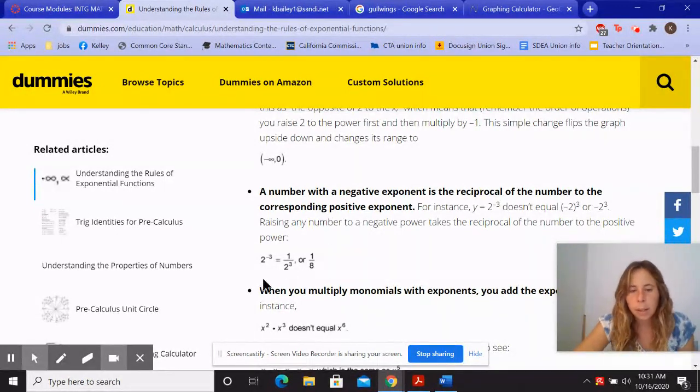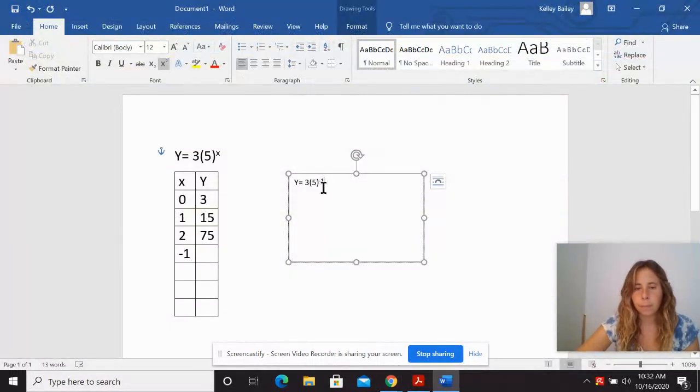What does that mean? Like 2 raised to the negative third power, you turn it into a fraction. So now you have 1 over 2 to the positive third power, which is 8, because 2 times 2 is 4 times 2 is 8. We should just do this in class. Maybe we'll do it after the test.